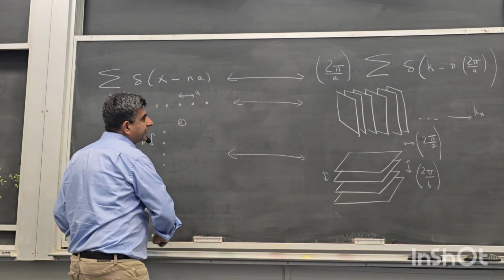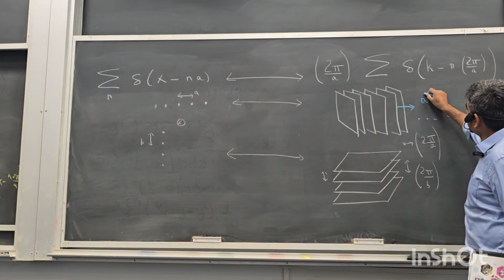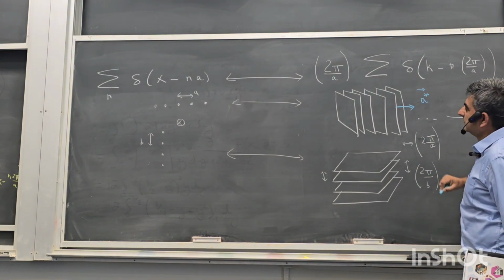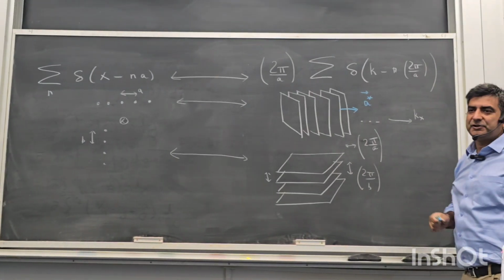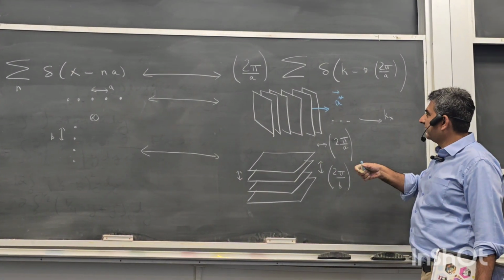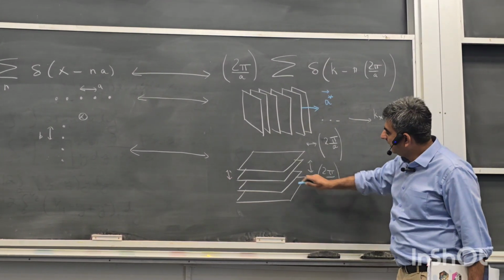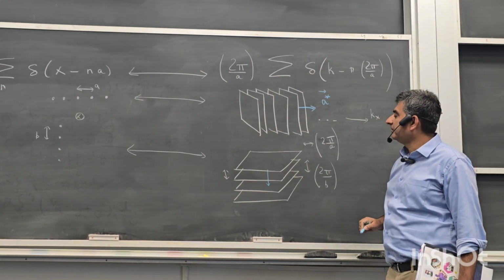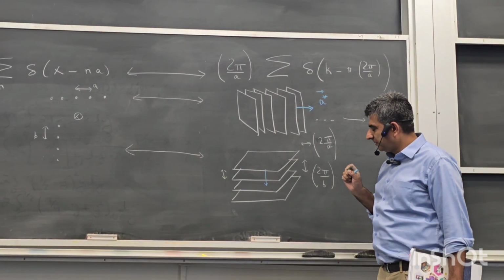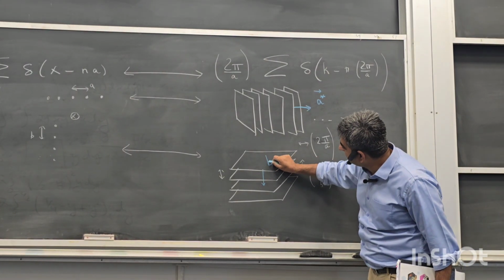The reciprocal lattice vector in this case is A star, which is perpendicular to the B and C directions. It's along A, and it has a magnitude of 2 pi over A. Right? Here, the unit translation vector in the reciprocal space is B star.